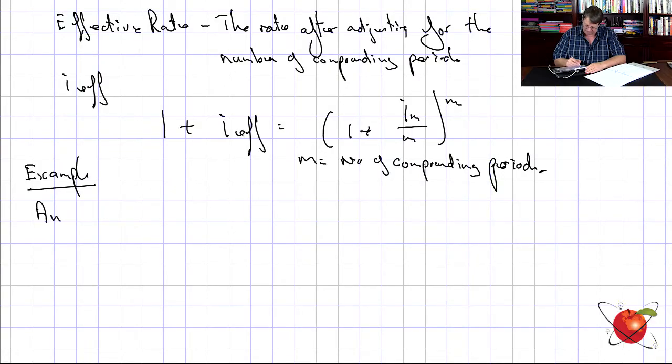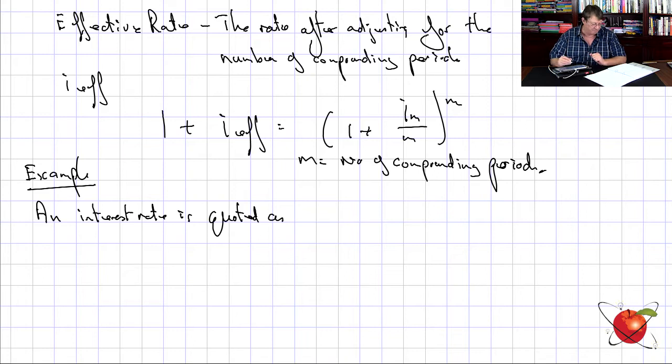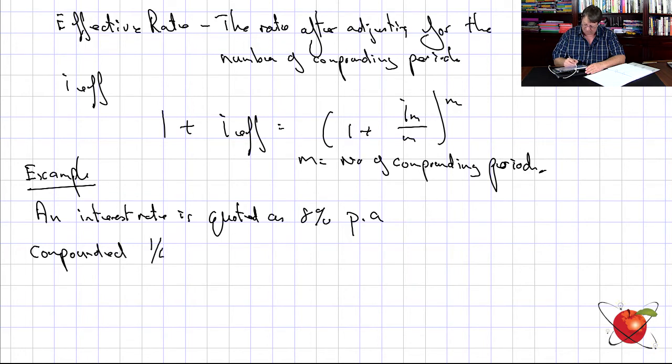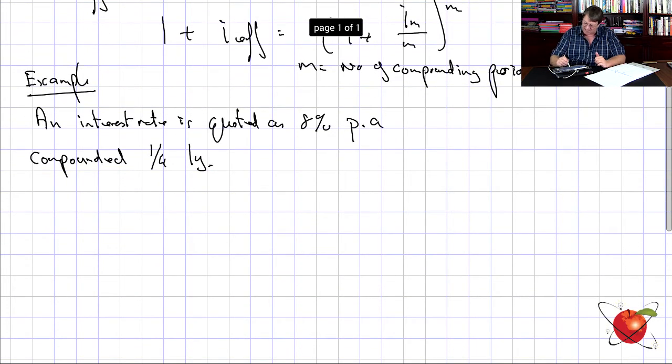An interest rate is quoted as 8% per annum, compounded quarterly. Now, let's think about what we are saying here.